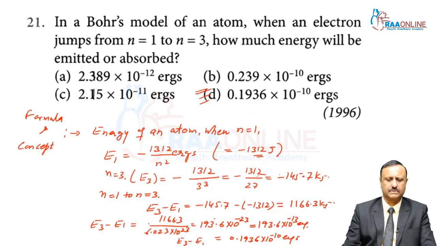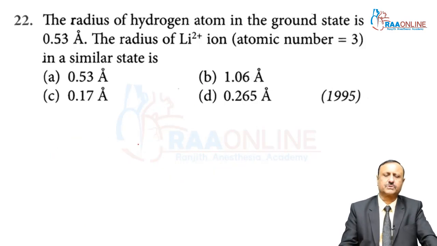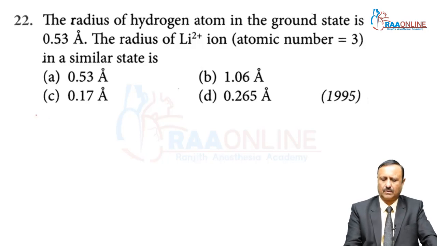Now, my dear students, we can take question number 22. The radius of hydrogen atom in the ground state is 0.53 angstrom. The radius of Li plus 2 ion in a similar state? Which formula can we use here? Formula and theory.